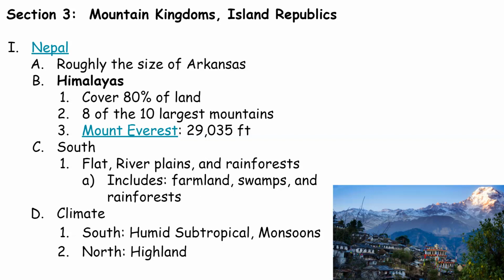However, when you look at the north, that's where you get into the highland climate. And so this is another great example in the world where elevation plays a very important role in climate. As our elevation gets higher, our temperatures tend to cool. And so even though we find ourselves in an area of the world that is dominated by warmer temperatures, elevation still continues to play a role.